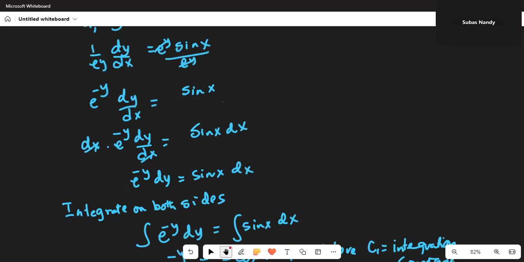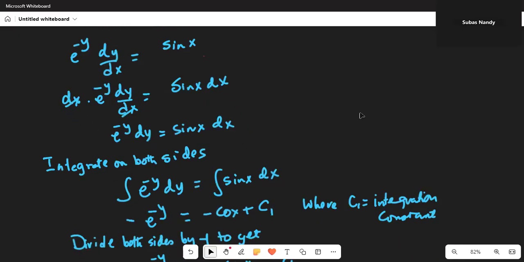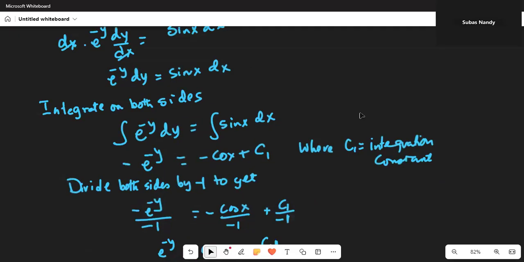Now we integrate on both sides: the integration of e to the power of minus y with respect to y, and the integration of sine x with respect to x. The integration of e to the power of minus y with respect to y is minus, coming from that negative exponent, minus e to the power of minus y. The integration of sine x is minus cosine x plus c1, where c1 is an integration constant.